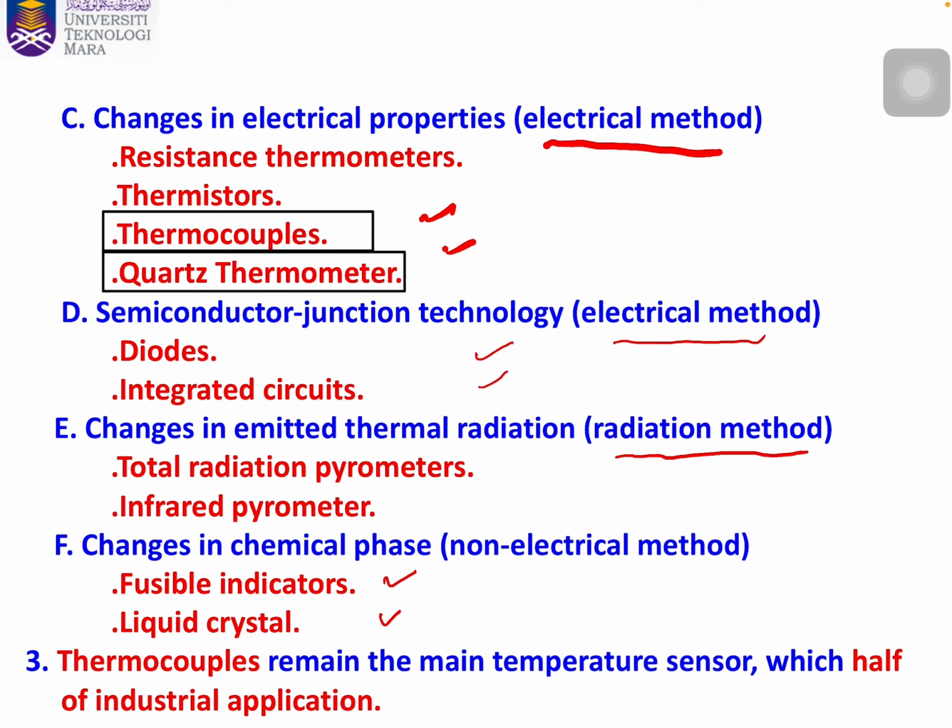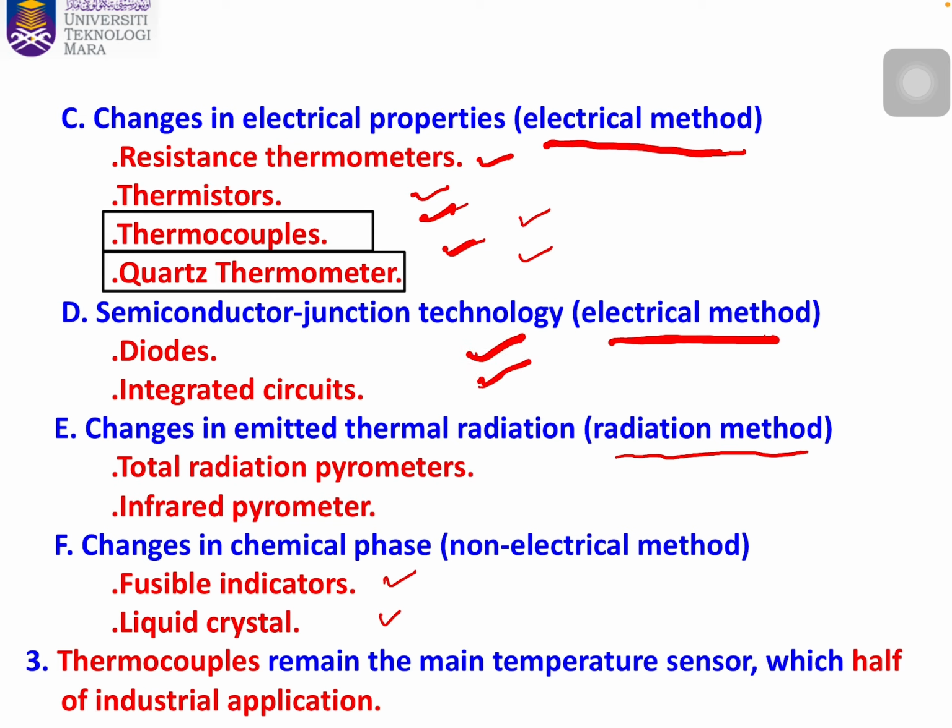Next, changes in electrical property, an electrical method. The examples are resistance thermometer, thermistor, thermocouple, and quartz thermometer. Later in this video, we will learn what a thermocouple and a quartz thermometer are. Next, semiconductor junction technology, an electrical method. The examples are using diodes and integrated circuits.